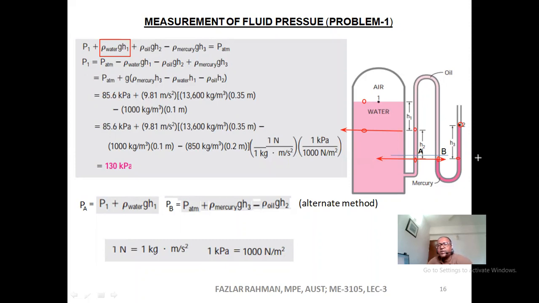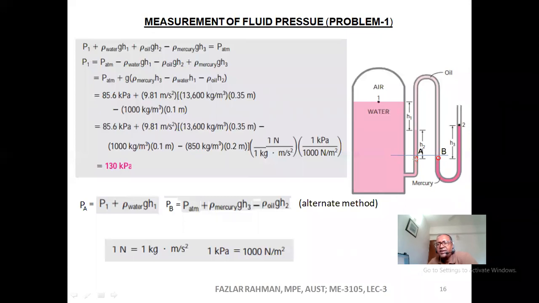There is one thing I need to mention. I think I'm making a mistake over here: we cannot walk down from this point to this point. Look carefully. Is it the same fluid? No, it is not the same fluid, right?